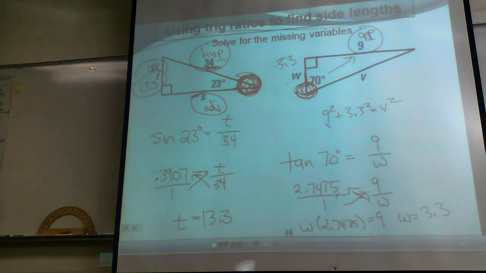All right, so if I did it this way, that's 81. What's 3.3 squared? And then b squared would be 91.89, and the square root of that is what?